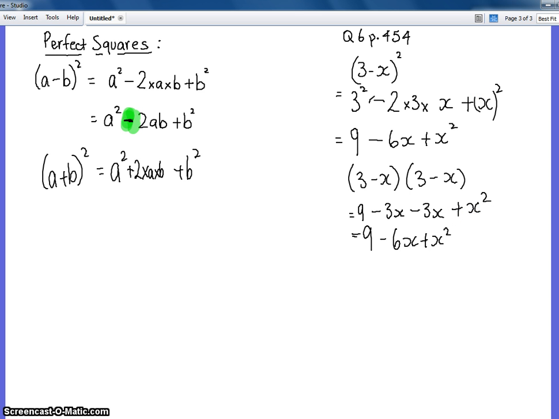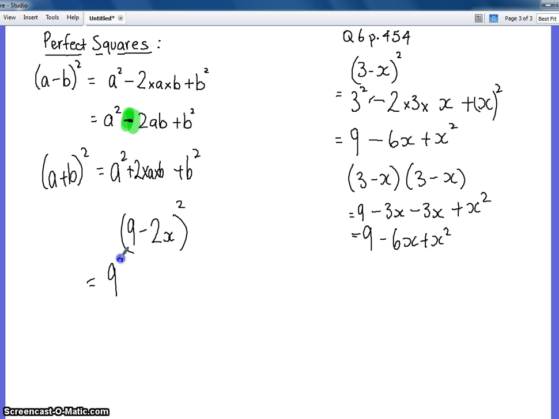So let's try another one, and a little bit more of a difficult one. Alright? You can call one out to me. Maybe 9 take 2x, all squared. Okay, talk me through how I'd go about this. 9 squared.